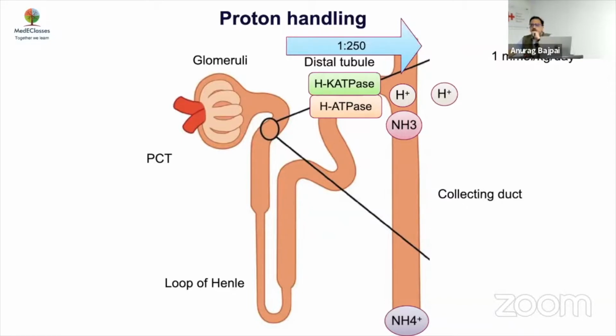That is very, very important. So if you are losing bicarbonate while you are still acidotic, there is a problem, which means there is a proximal RTA. If you are not able to increase ammonia production while you are acidic, it means there is an acidification defect. So this is how it happens.